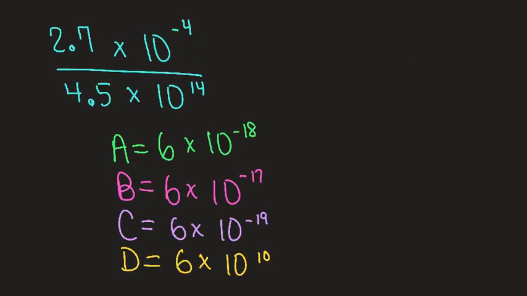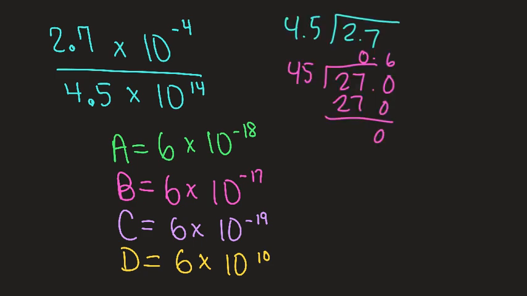Next question is also scientific notation. We're dividing these. You might want some scratch paper for this one. Pick your correct answer. All right, so I'm going to need to divide the front numbers. 2.7 goes in the house, 4.5 out here.